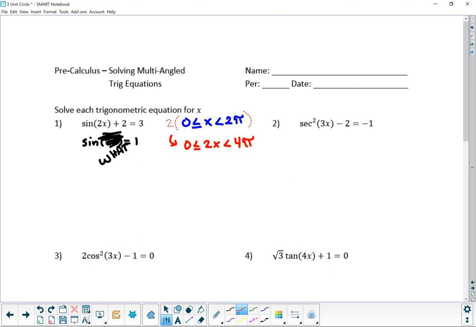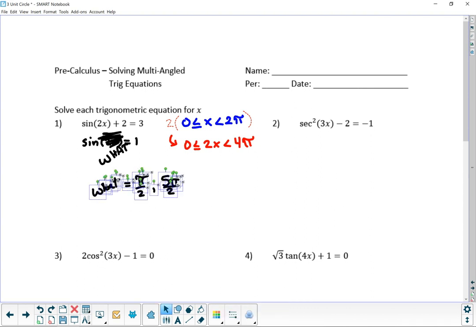So the what is pi over 2 and 5 pi over 2. All right, it's not really what though, right? So what is it that we're talking about? We're actually talking about this angle here, right?